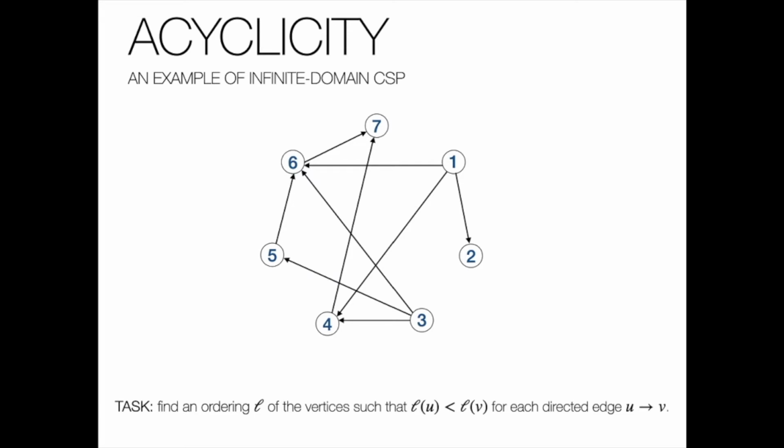Observe that for a particular instance of the acyclicity problem, that is, for a particular graph, the size of the domain is bounded by the size of the set of the vertices of the graph. However, we need to have an algorithm which works for every instance of this problem. This is the reason why we can formalize the acyclicity problem as a CSP only if we allow the domain to be an infinite set.